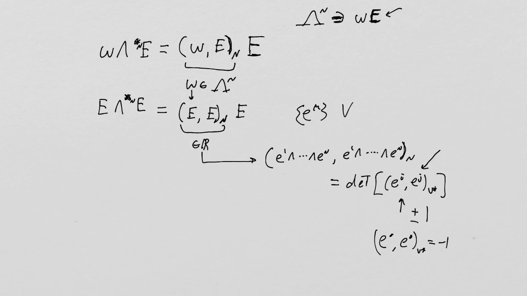Ultimately, this determinant is always going to equal minus 1 to the n minus s, where s is the signature, or, well, the number of positive eigenvalues in the metric, right? So if the metric ends up being the one we use the most, which is minus 1, 1, 1, 1, then s equals 3, because there are 3 positive eigenvalues.